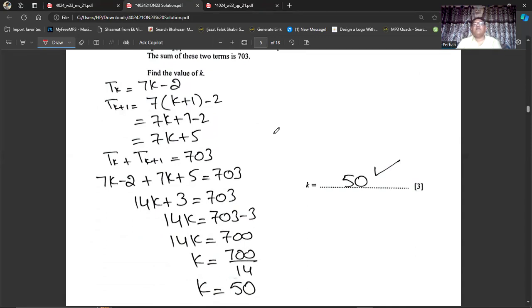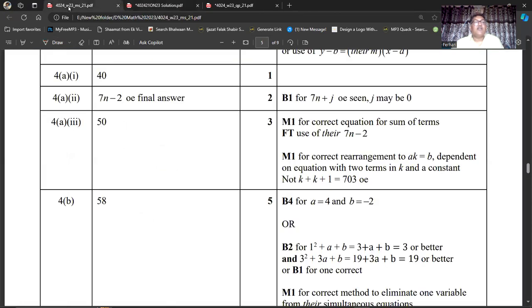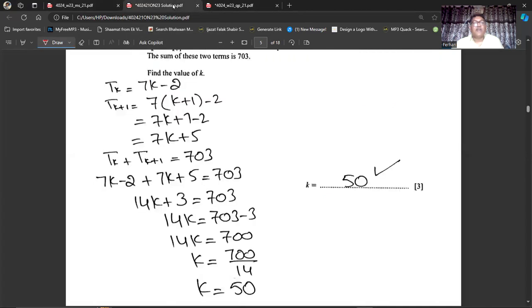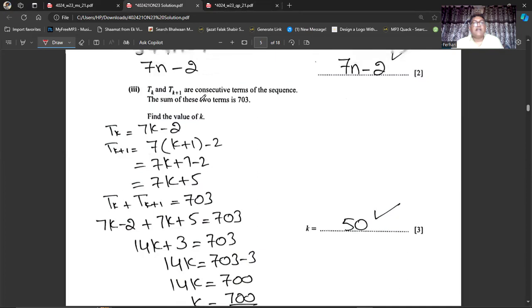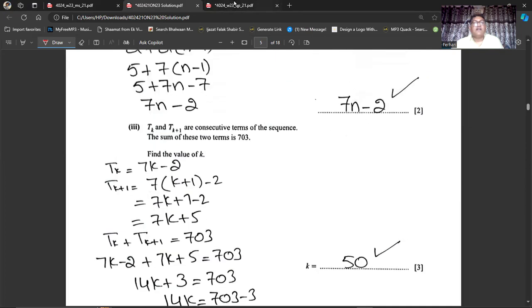So 14k will be 703 minus 3, and that is 700. So k will be equal to 700 divided by 14, and that will be 50. So the value of k is 50, and our answer is right. The marking scheme is showing up. This is how we have done that, and it is related with this formula.